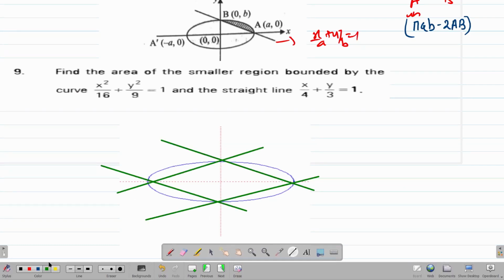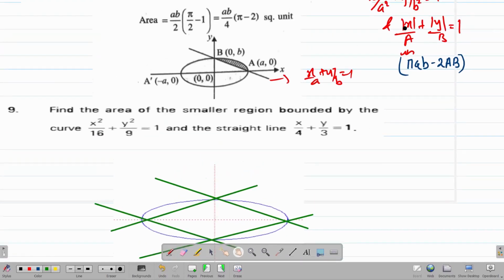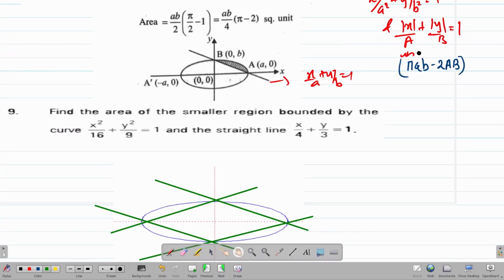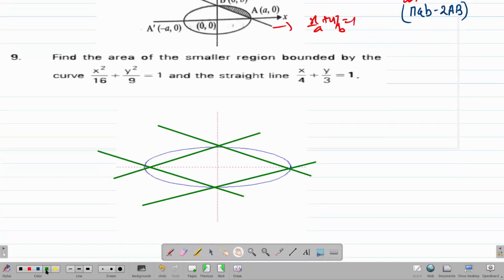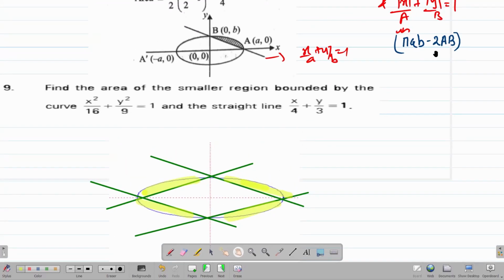As we have discussed, the area bounded by this type of ellipse and the 4 lines represented by this equation is this. And the formula was pi AB minus 2 times x-intercept into y-intercept.